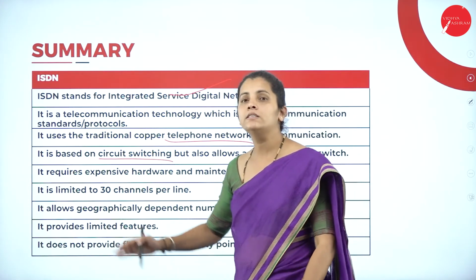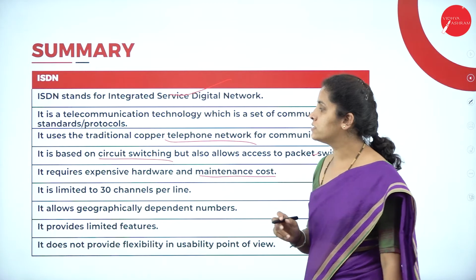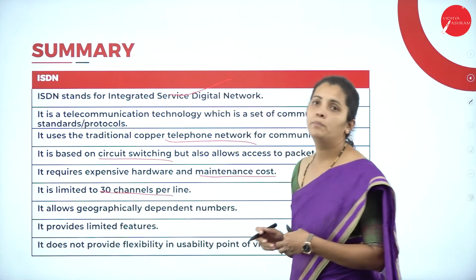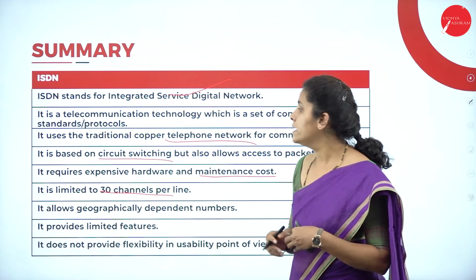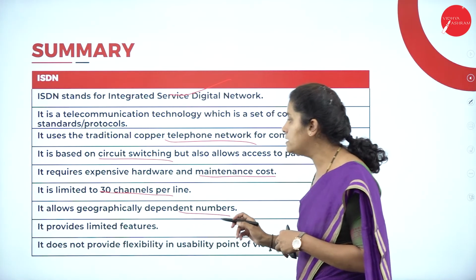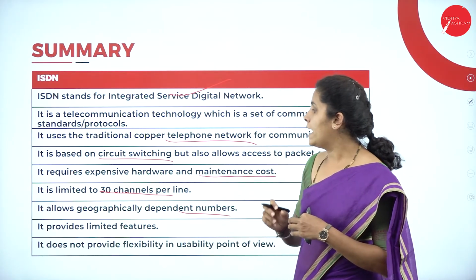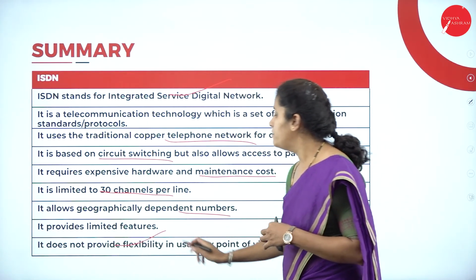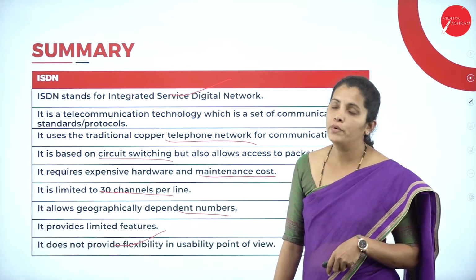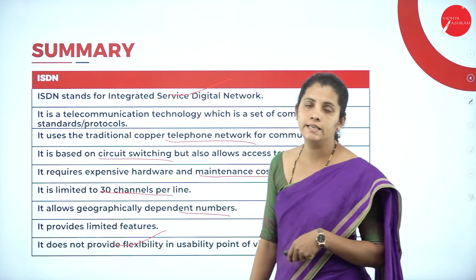It requires expensive hardware and maintenance cost, and it is limited to 30 channels per line. So here it allows geographically dependent numbers and it provides limited features, and it does not provide flexibility from a usability point of view. So these are some of the summary points about ISDN.